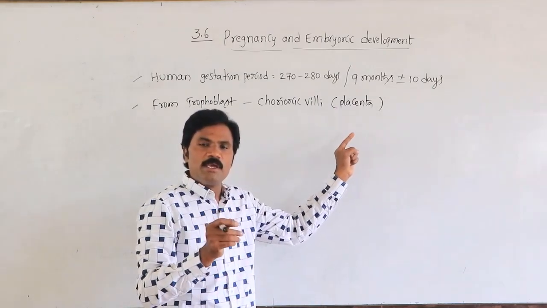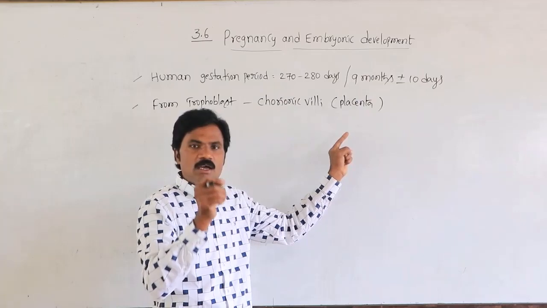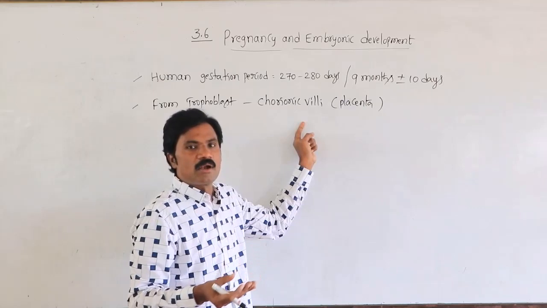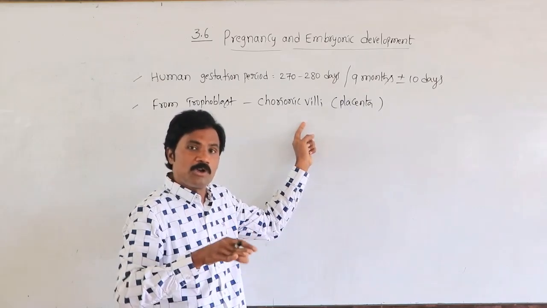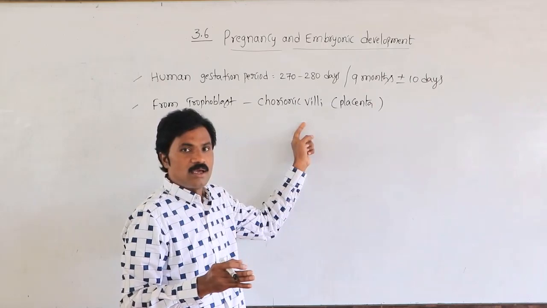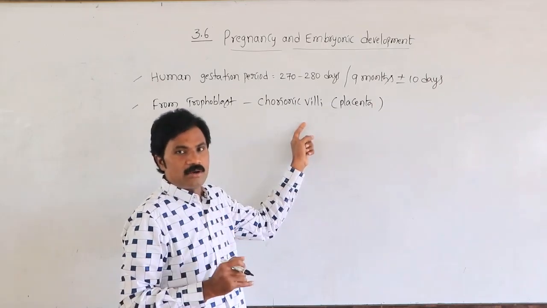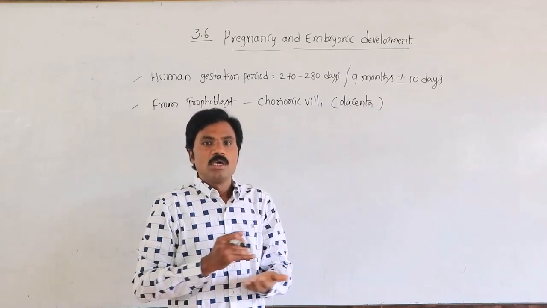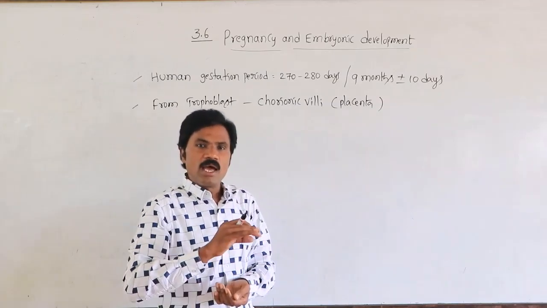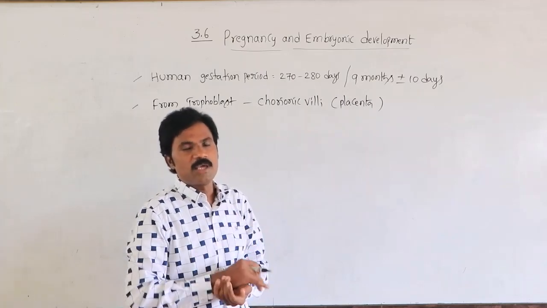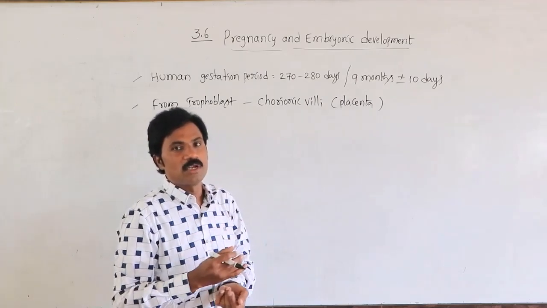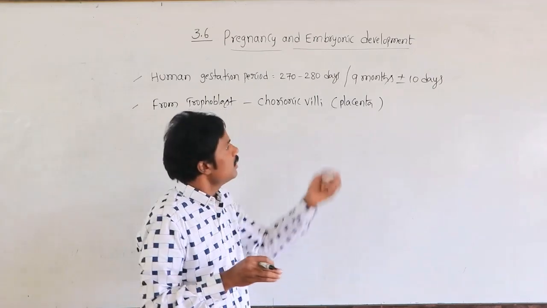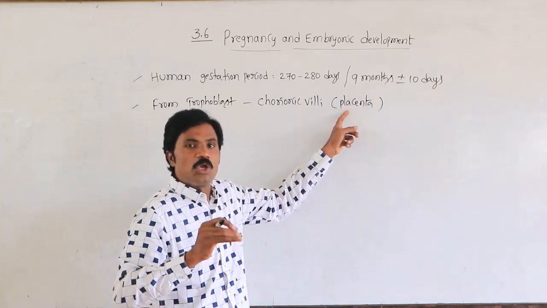Placenta. Actually, in human beings, the formation of the placenta takes place related to the chorion membrane, one among the extra-embryonic membranes. Extra-embryonic membranes are the yolk sac, amnion, allantois and chorion. In most eutherians, the allantoic placenta is formed. But in primates like monkey, apes and human beings, the type of placenta is the chorionic placenta.